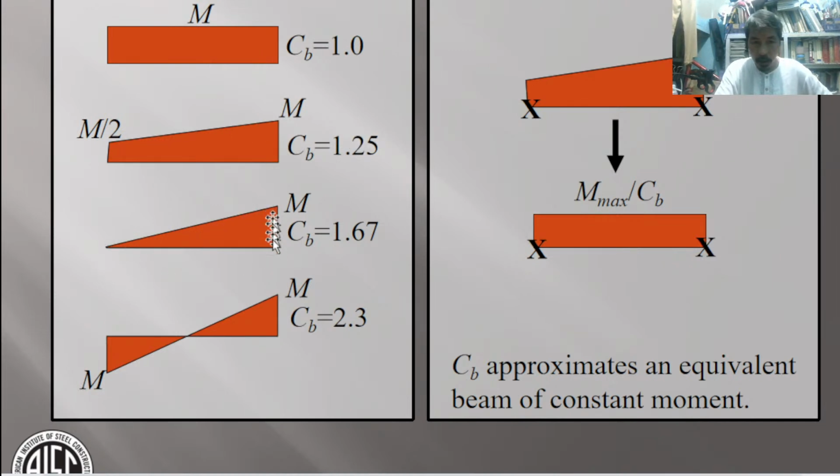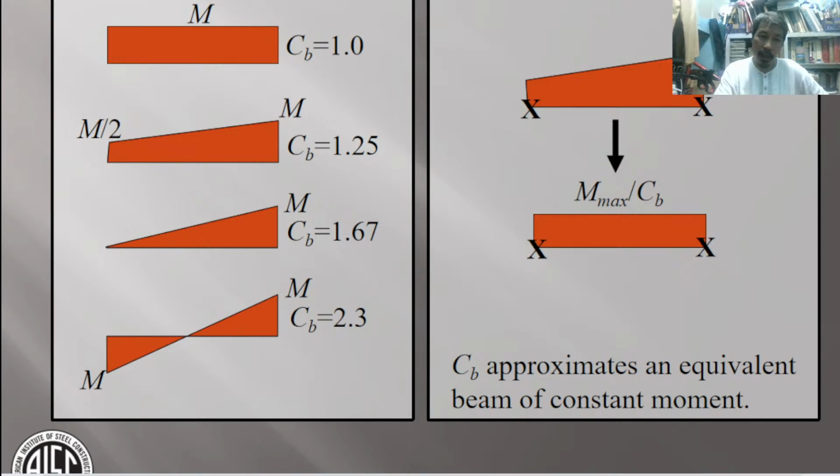If this is the shape of the moment diagram, CB is equal to 1.37. And if this is the shape, CB is 2.3. So it depends. This is the maximum brace length. So this is how you compute it. Meaning to say, CB approximates an equivalent beam of constant moment.